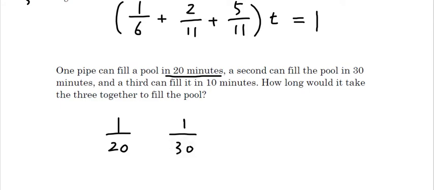This is the speed, how much they can finish in 1 minute. And the third can fill it in 10 minutes, so 1 minute is 1/10. If they work together, 1 minute they can finish this, right? So 10 minutes can finish the job, equal to 1.